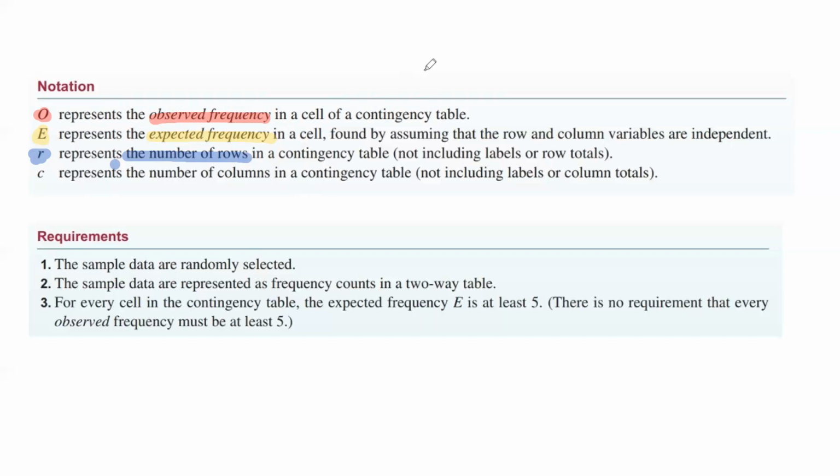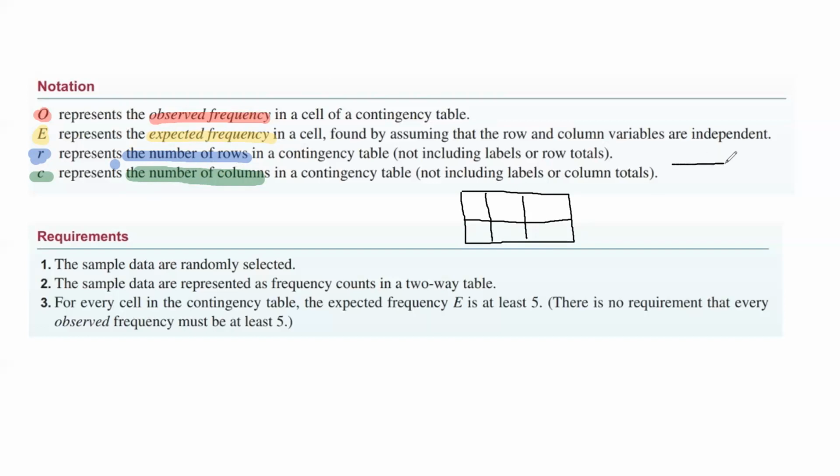The next variable that we need to have and think about is C. And if R equals rows, I'm betting you're realizing that C equals the number of columns in a contingency table. And this is very important because you need to make sure that we're always keeping things the same. I want to show you 2 examples of contingency tables. This right here is a contingency table.